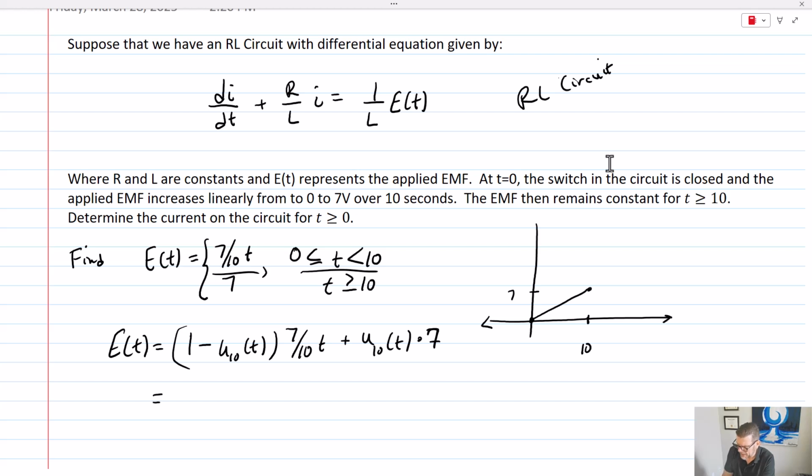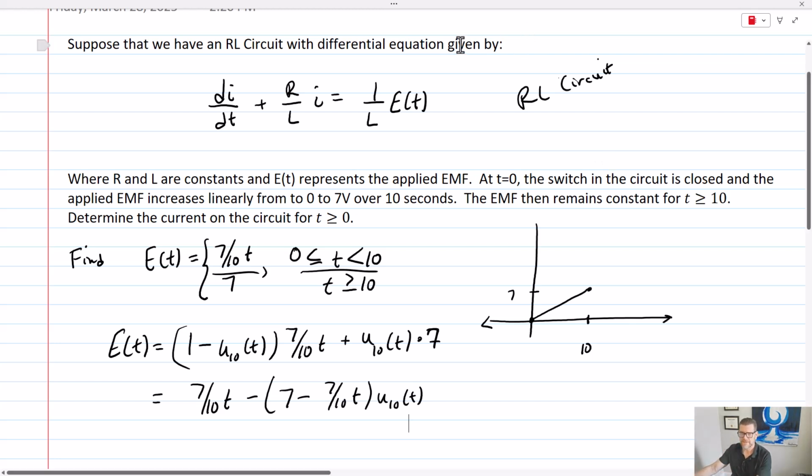Then I'm going to simplify it: I end up with 7/10 t minus, combining these two, 7/10 t minus 7 times u10 of t. And that is our piecewise continuous function written as a single function.